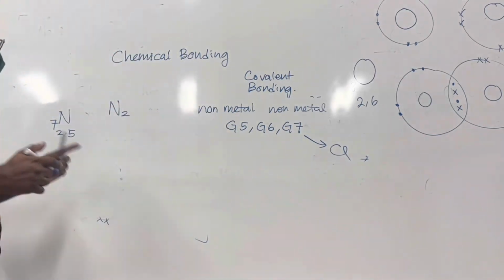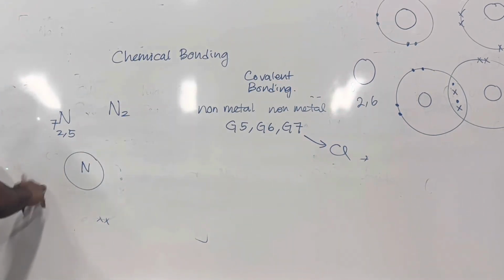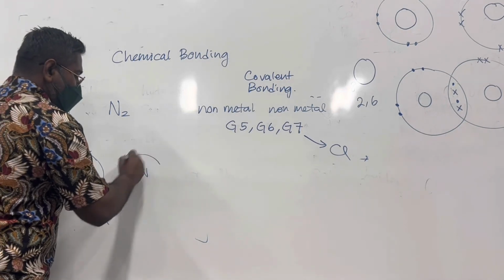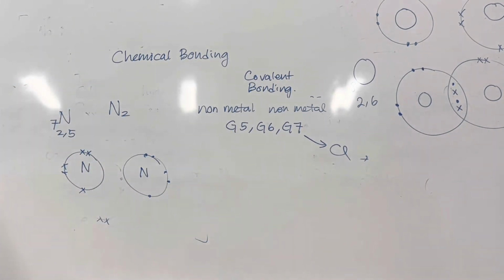If I just simply see nitrogen, 1, 2, 3, 4, 5. So now they require 3 electrons. If you want to share 3 electrons, you must set aside your own 3 electrons.